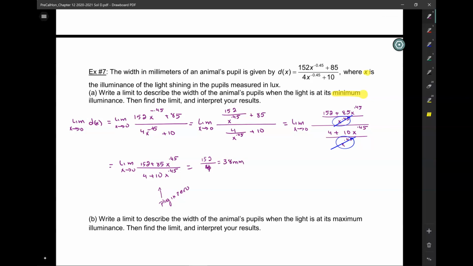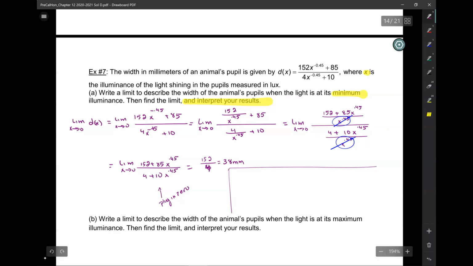So what does that mean? Interpret the results. That's the most important part. D represented the width of the pupil of this animal. And now as the amount of light gets reduced to the minimum, to practically 0, the pupil will dilate to 38 millimeters.